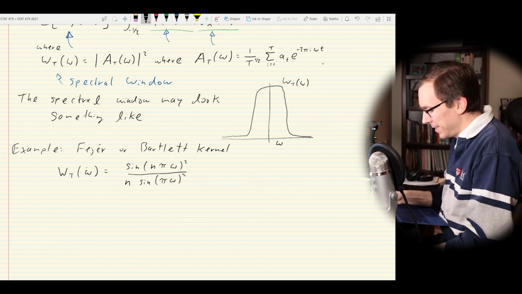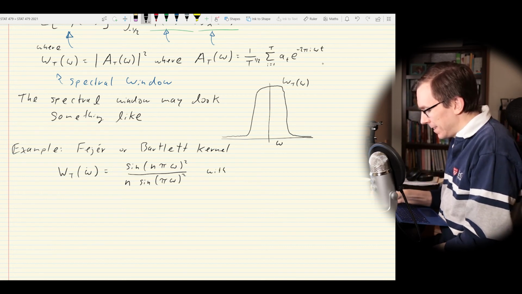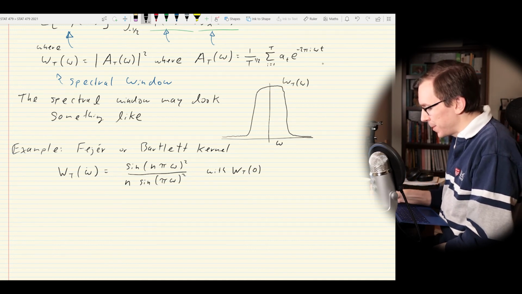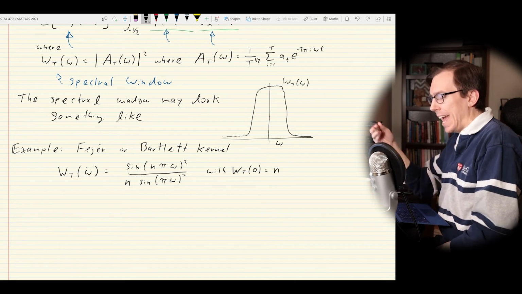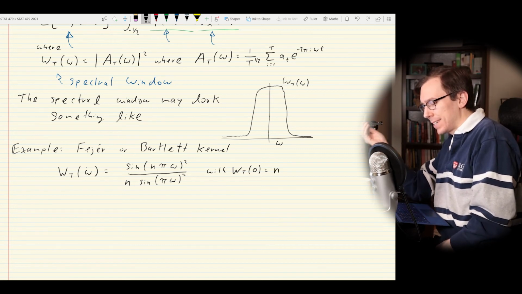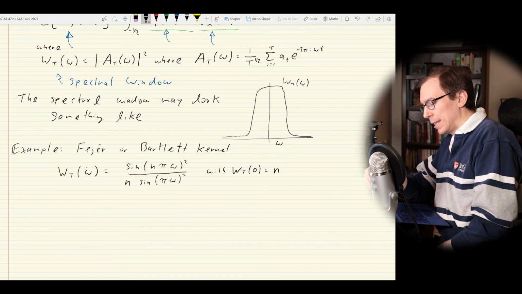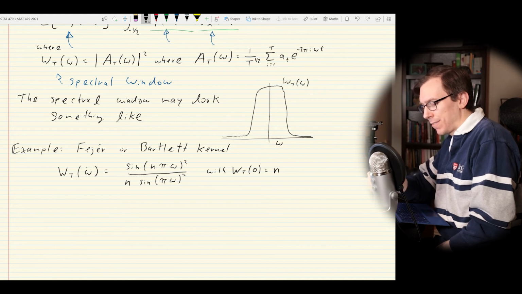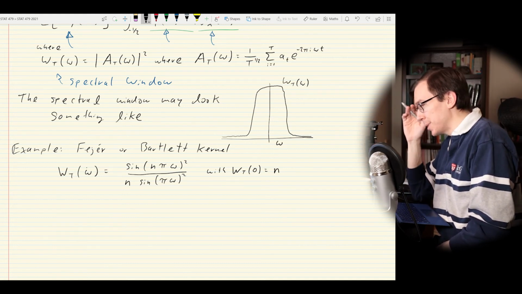Well, with W at 0, in that case I'd have 0 over 0, which is no good. That's going to just converge in the limit to n. If you were to take omega to 0 and look at the limiting behavior of sine squared over sine squared, you'd end up with n squared, which divided by this n in the denominator would get you that at 0 it's equal to n.